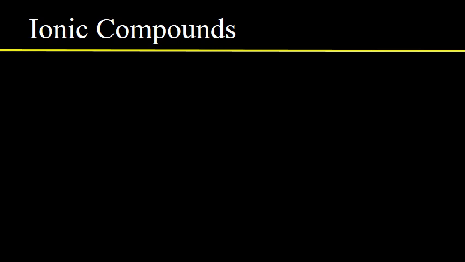But I want you to understand that the reason that we're doing this is not just about names. The reason that we're doing this is part of being able to name something like sodium sulfate.